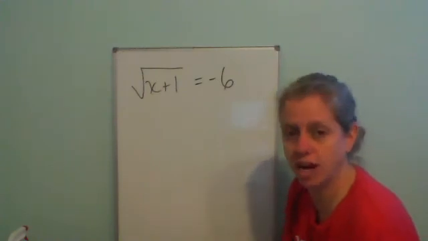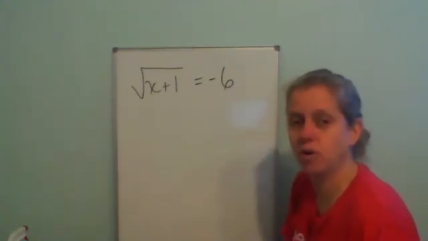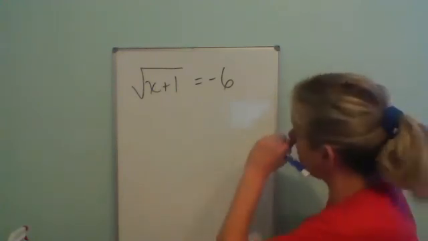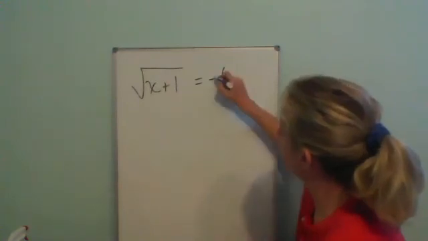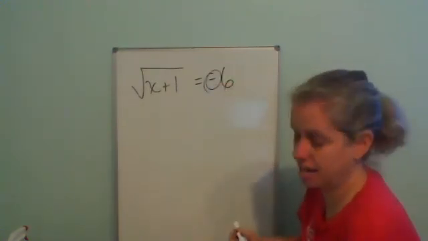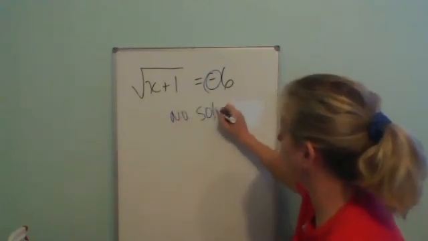It's just that when you tried to plug it back in, it would not make this equation work. It wouldn't make a true answer, because if you have a square root equal to a negative, that is when there is no solution.